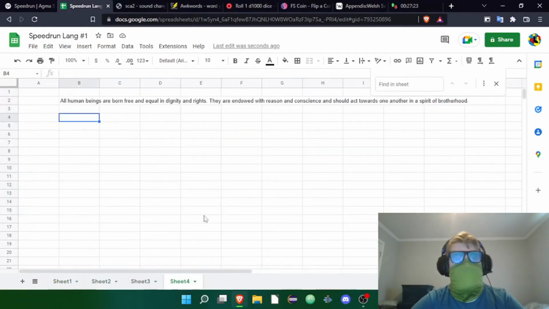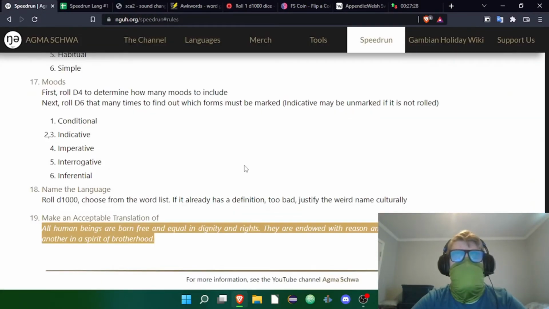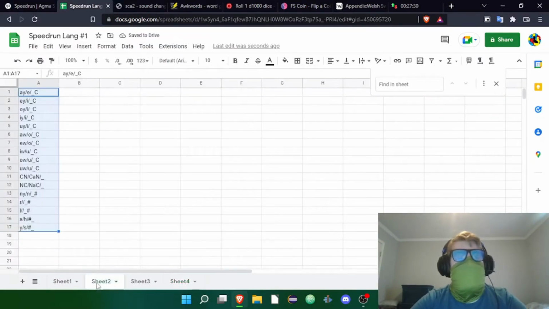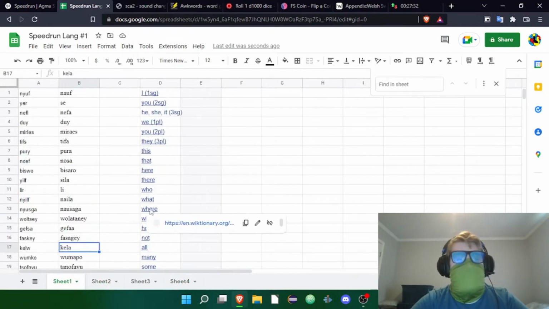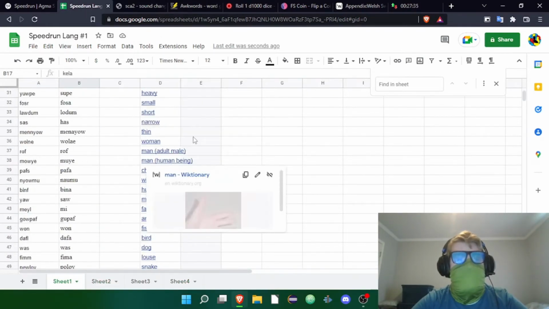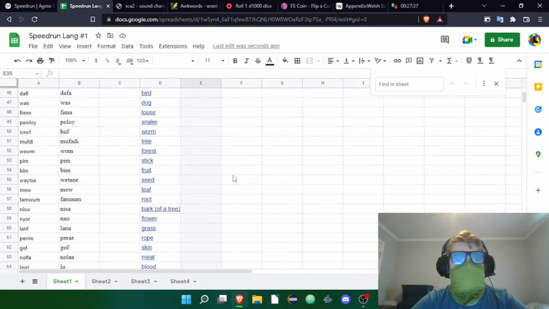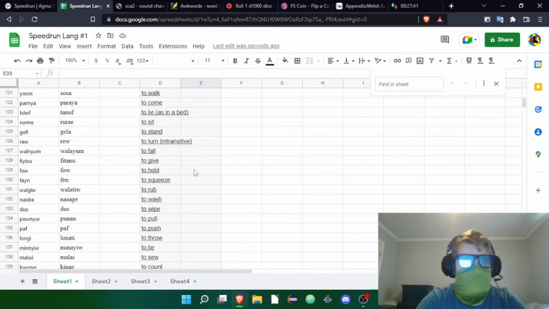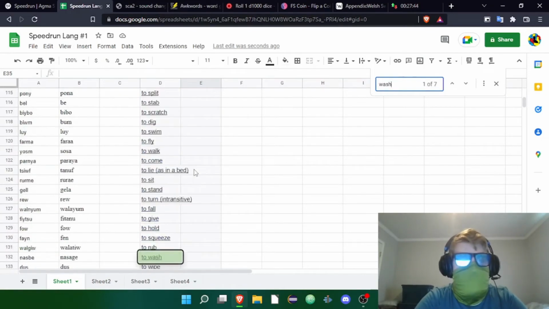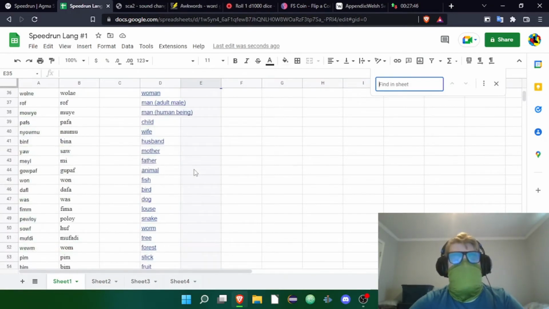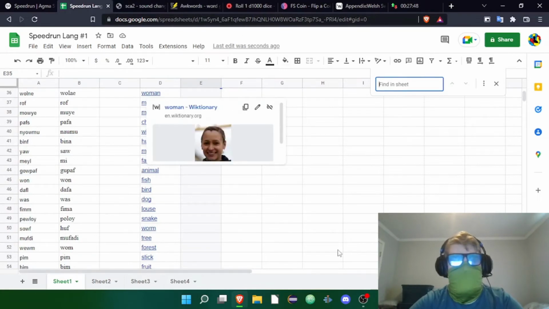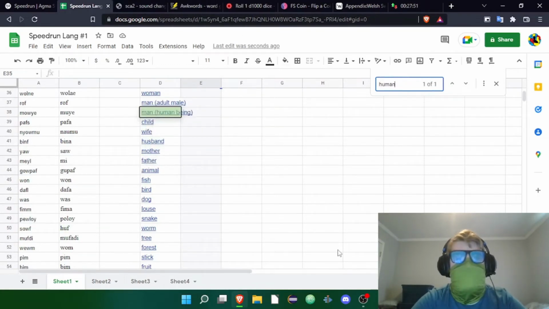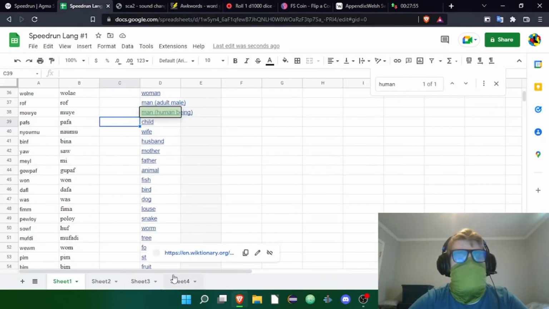So we start with this word Kela, which means all, and then we need a word that means a person or a human being. Okay, I'm making sure Control F still works. Human. Muye. So muye is the word for human being.